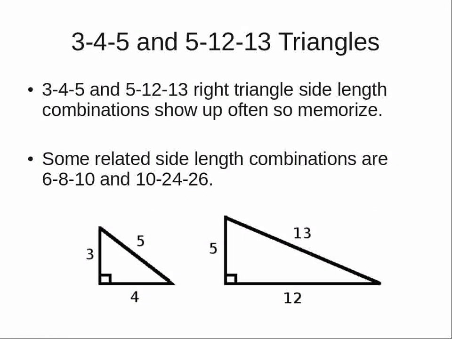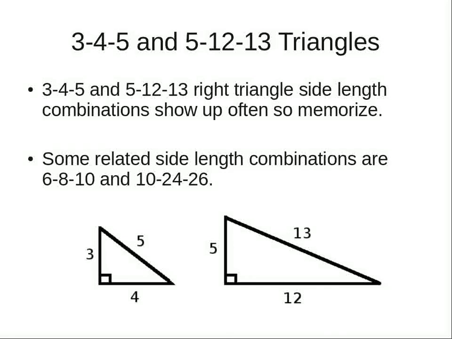3, 4, 5, and 5, 12, 13 triangles. These are triangles that have very nice side lengths. Nice because they don't have fractions or square roots in them. All right. They show up a lot on SAT math sections.